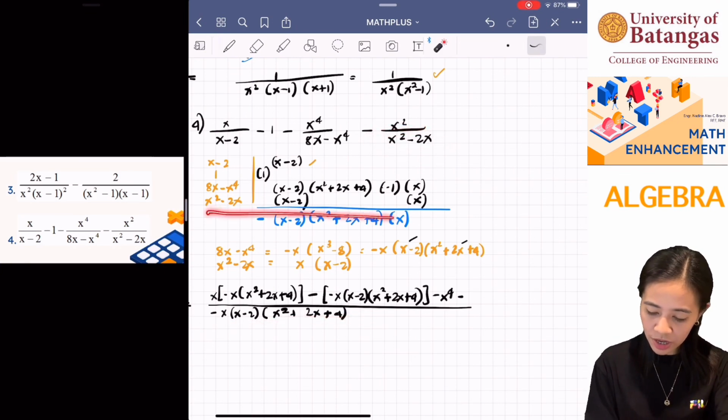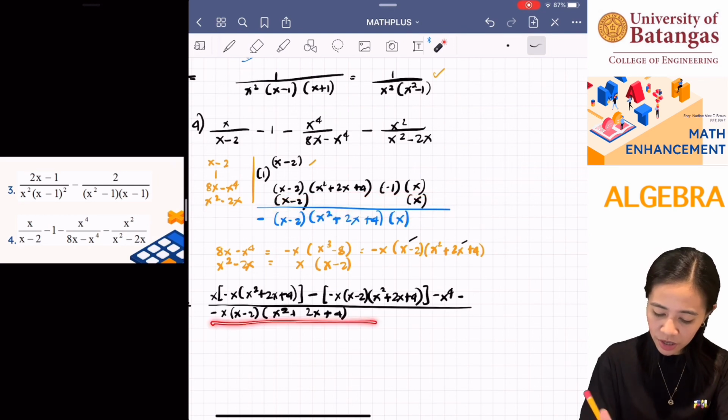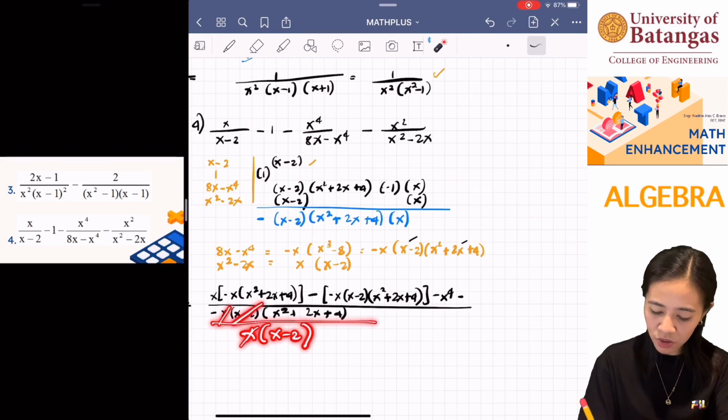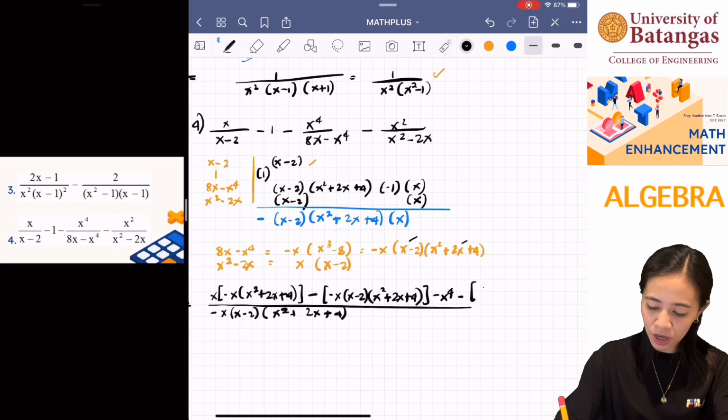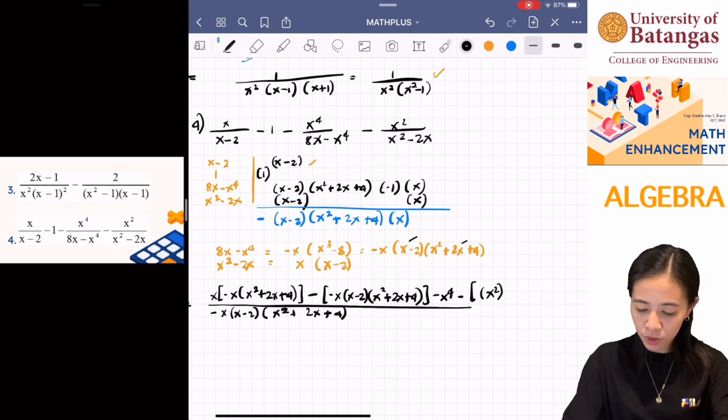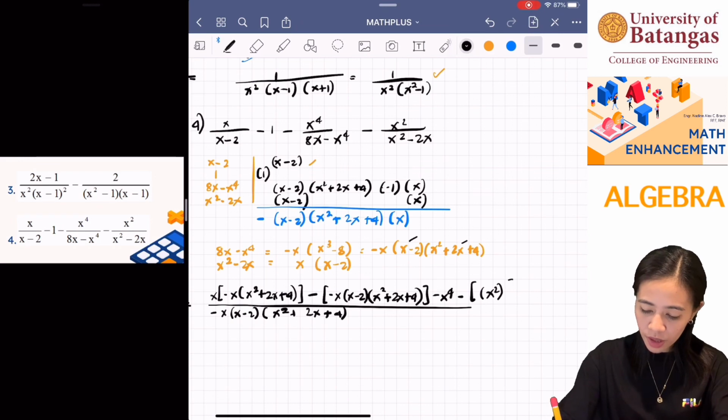Which is factored as this one. So, I'm going to divide this by x times x minus 2, which means x will be cancelled, x minus 2 is cancelled. I'll be left with the negative sign multiplied to the trinomial, multiplied to the numerator. So, you have a bracket, the numerator which is x squared, okay, to be multiplied to the negative of x squared plus 2x plus 4.